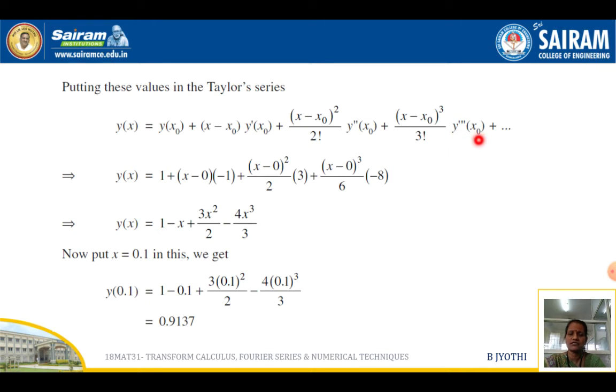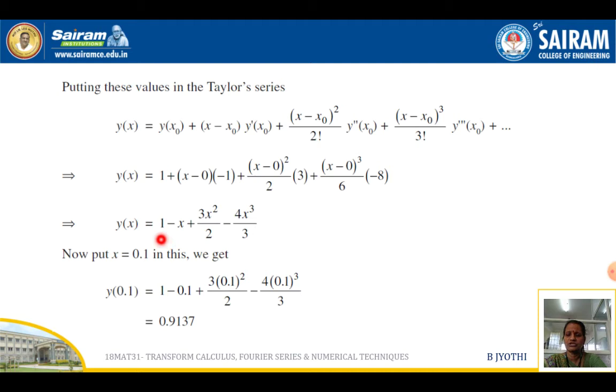Since it is asked up to third degree term only, we are considering up to third only. So let us substitute the values y of x naught, y dash of x naught, y double dash of x naught and y triple dash of x naught respectively, along with x naught value as 0.